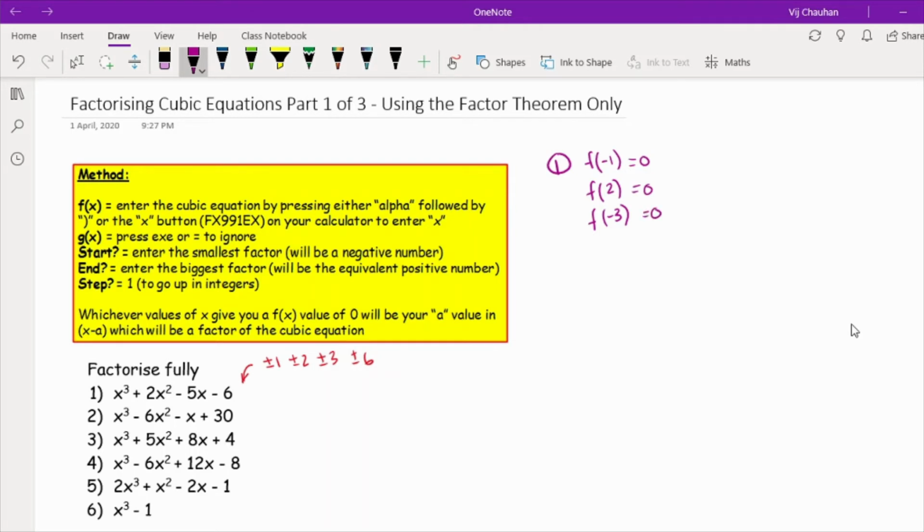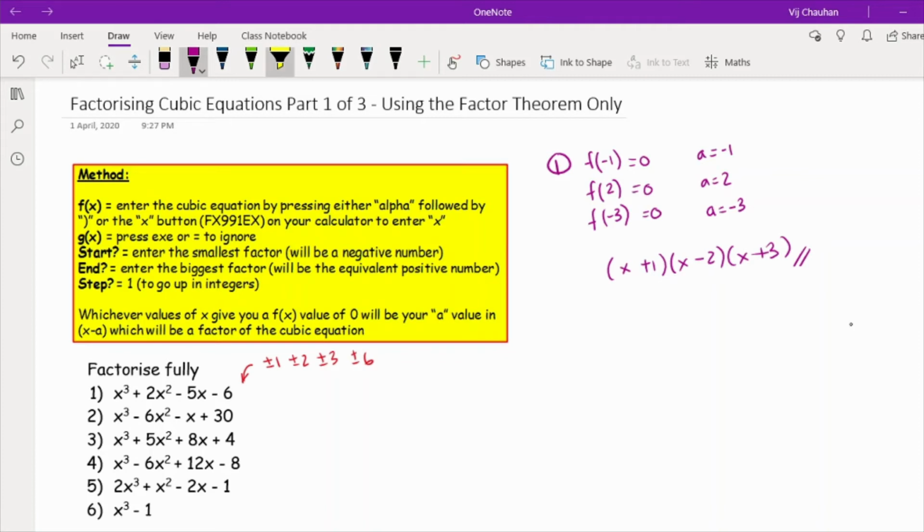And so from that, a is going to equal -1, a is going to equal 2, a is going to equal -3. So my three factors are going to be x plus 1, x minus 2, and x plus 3. And I've very quickly factorised that cubic polynomial into 3 brackets with very minimal fuss.